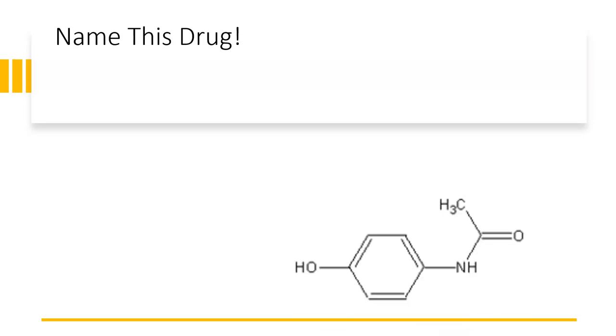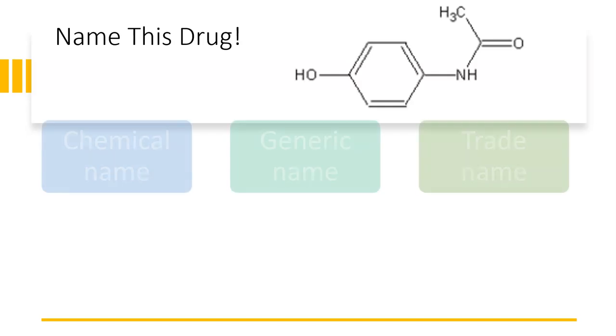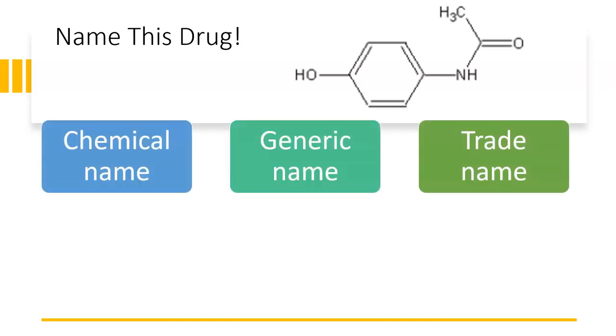Now, let's see. I'm going to put up an image of a chemical structure. Can you identify this drug? Probably not, right? So again, if you know chemistry, maybe you could name this drug. But one of the names of this drug, we've got a chemical name, we've got the generic name and the trade name.